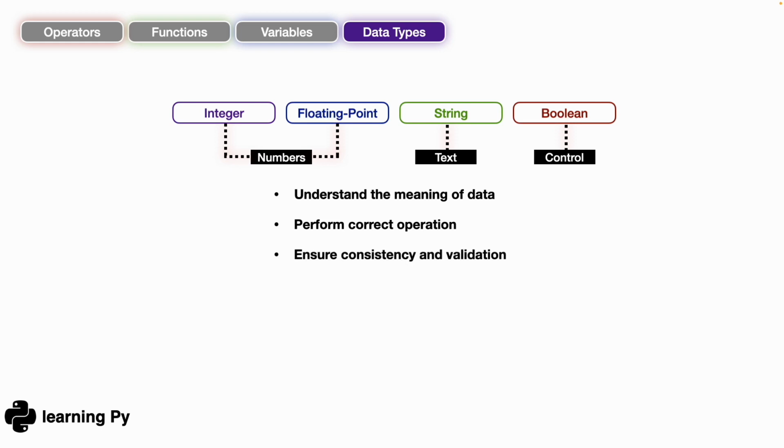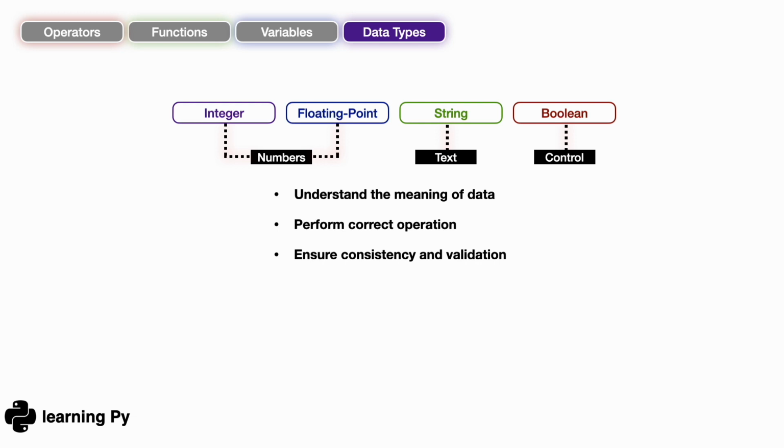It also ensures that the data is consistent and valid by restricting the values that can be stored in a variable. For example, once we declare a variable that can contain an integer, we cannot change it to a string or a float. We only need to consider data types when we are carrying out any operation on a variable. And when we declare a variable, data types are taken care of by a feature called dynamic typing.